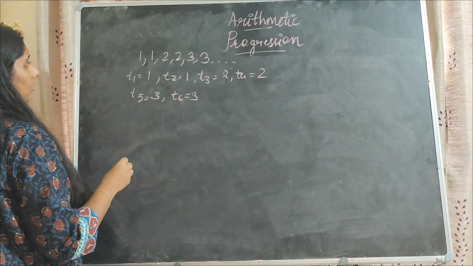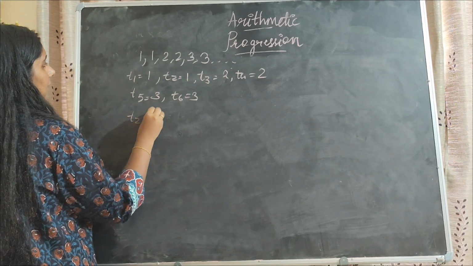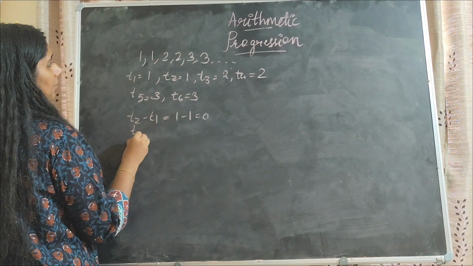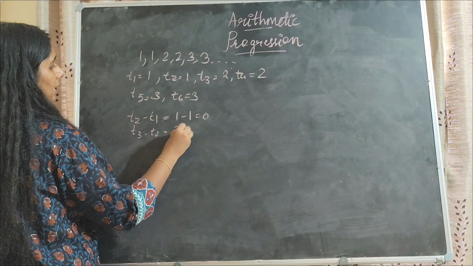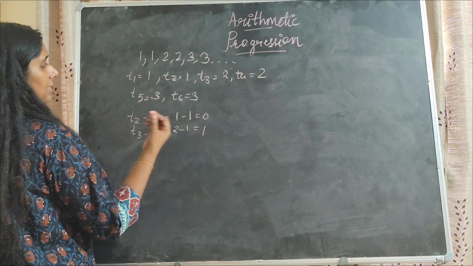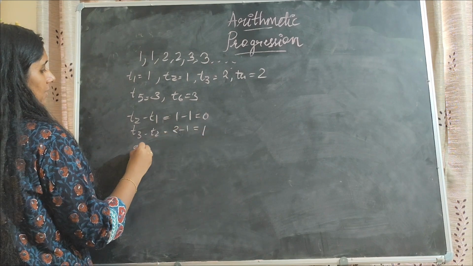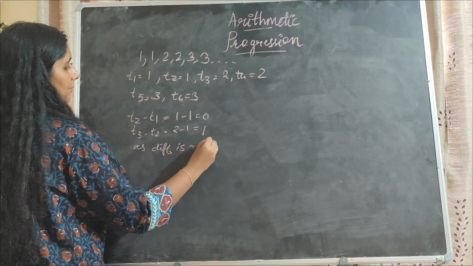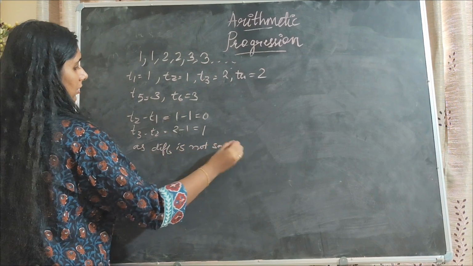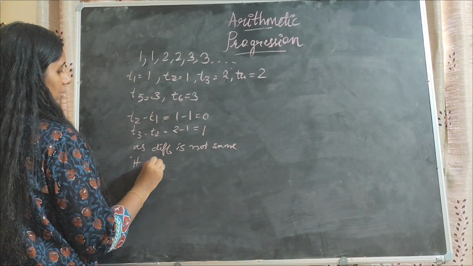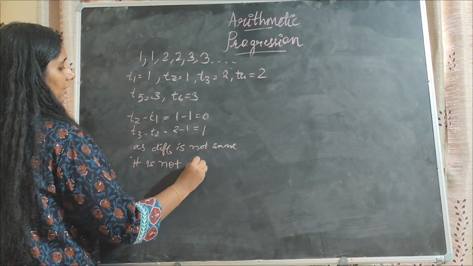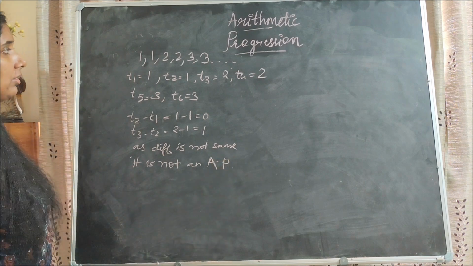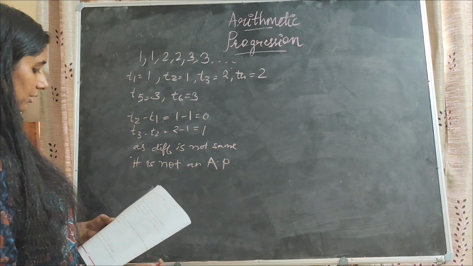So what is T2 minus T1? 1 minus 1, 0. T3 minus T2, 2 minus 1, 1. The difference is not the same, so it is not an arithmetic progression. Okay, understood? Now the next one.